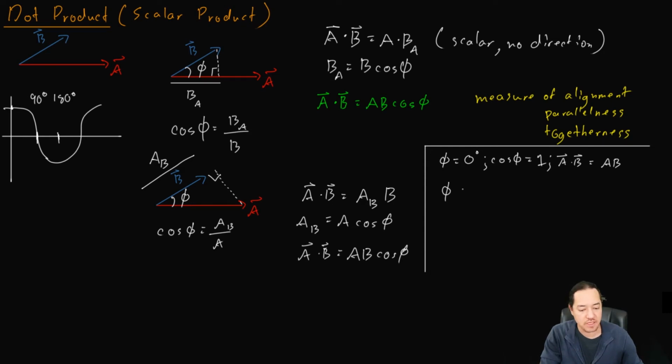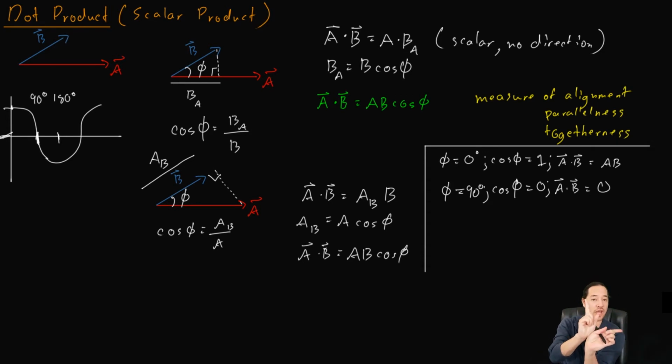But as we increase this angle phi away from 0 towards 90 degrees, what happens? Well, at 90 degrees, we know that the cosine of phi is equal to 0. So that means A dot B is going to be equal to AB times 0, which is 0.